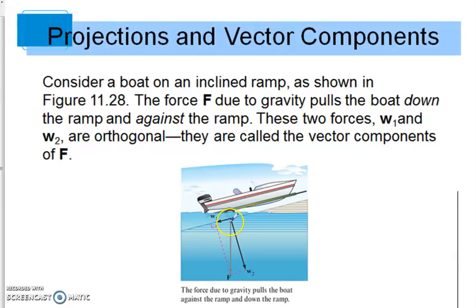And then this W2 would be orthogonal to W1, going straight down here. So F is gravity pulling the boat towards the center of the earth. And since there's a ramp here, the other two components make up that. So we're going to be able to decompose and find either one or both of those, but this W1 is the one we're looking for.